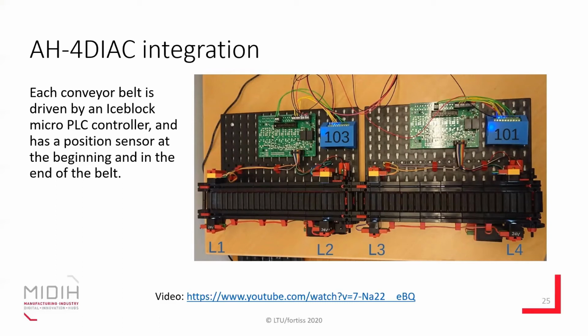Okay. Let me start by introducing the use case and then explaining how Arrowhead and 4diac communicate together. It is composed of two conveyor belts driven by two IceBlock Nano PLC controllers, and there are sensors to detect the position of an object at the beginning and the end of each belt.